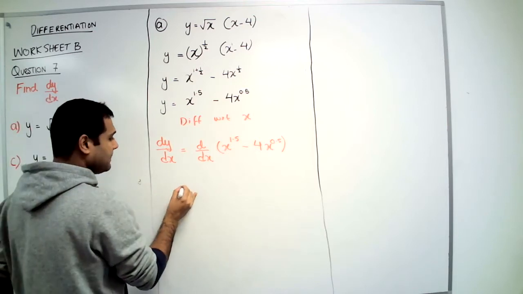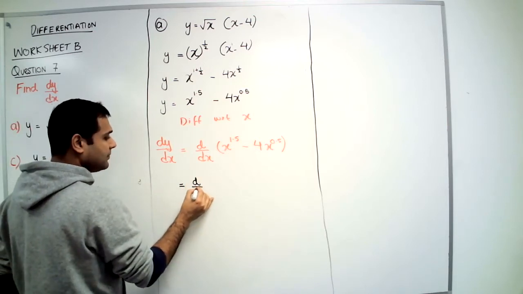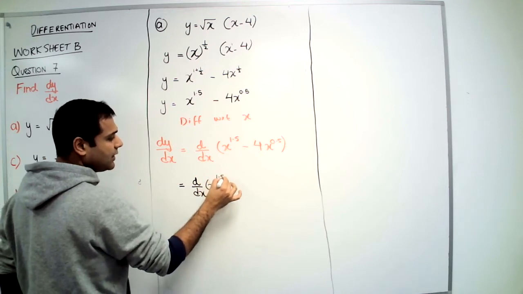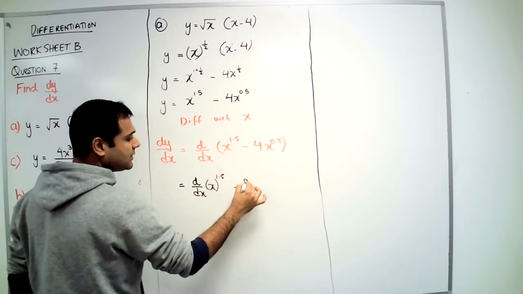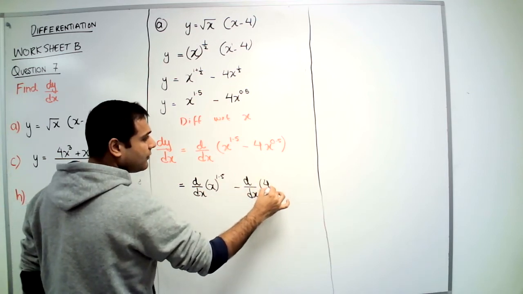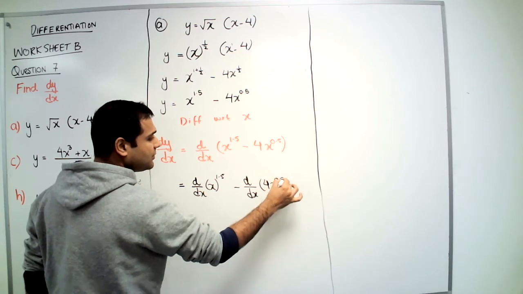When I do that, I need to do d/dx of x to the power 1.5 minus d/dx of 4x to the power 0.5.